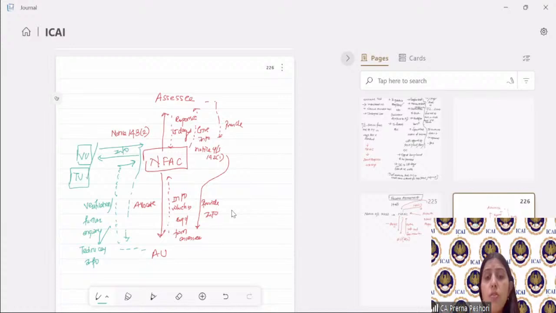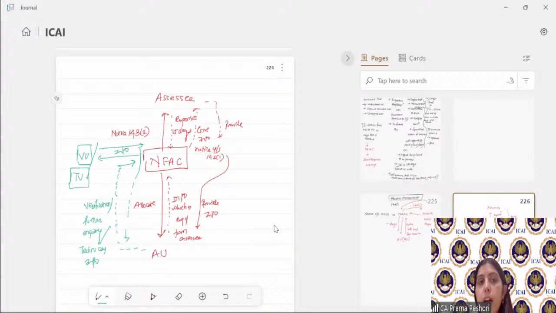There are specialized transfer pricing officers also in the assessment centers, right? So the reference may be made to them, or to the valuation officer. In that case, the AU may request the NFAC to tell the TU that technical assistance is required. Then TU will supply the information to NFAC, and NFAC will again give it to the AU. Is that clear?